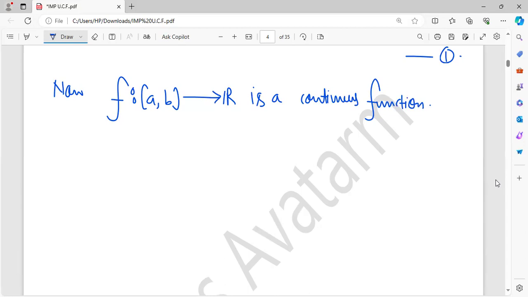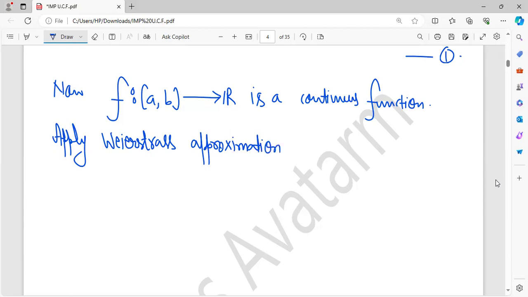If you have any real valued continuous function on a closed interval [a, b], then there always exists a sequence of polynomial functions which converges to f uniformly on the closed interval [a, b].